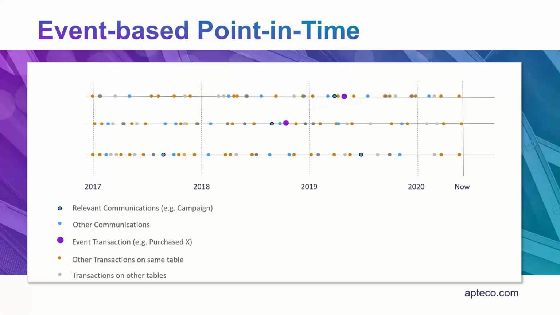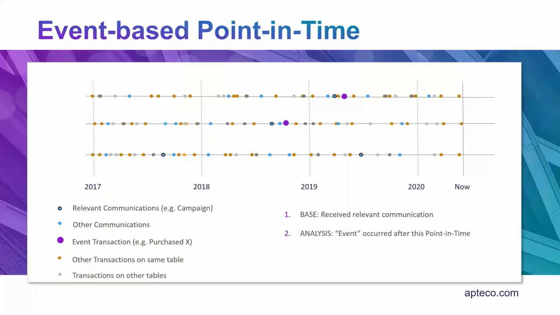There's particular events we're interested in with the big purple blob, and 2 of our individuals have done that. There's lots of other transaction data in there. How are we going to learn about this data? How can we use it? Well, the sort of base we might use is anyone who's received a relevant marketing communication. And then the analysis might be people who performed an event after the point in time of that communication.